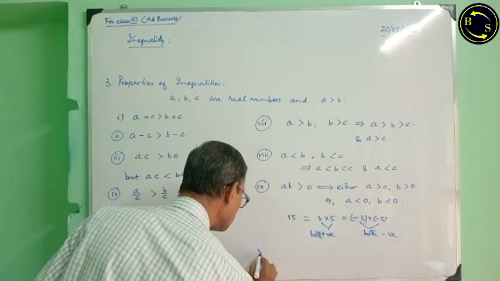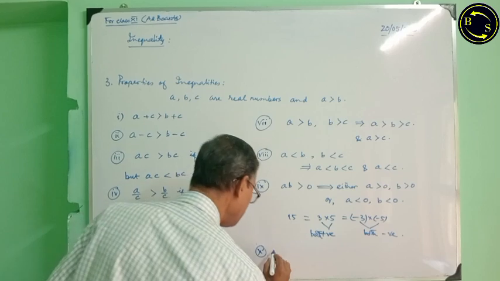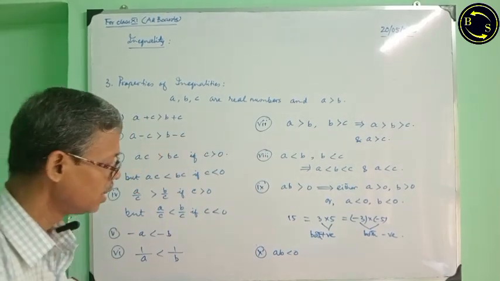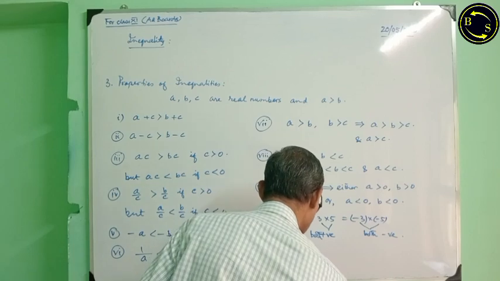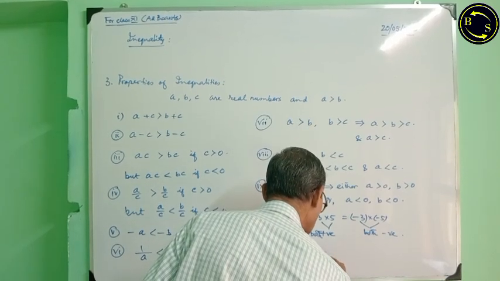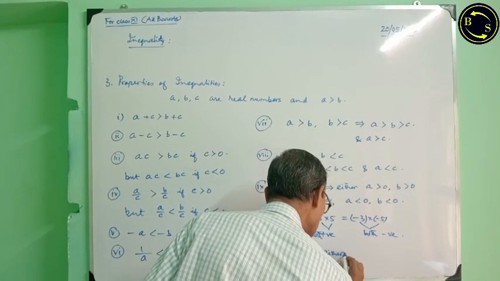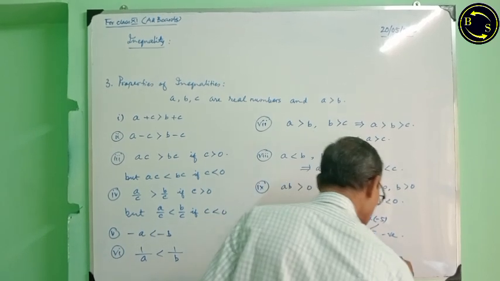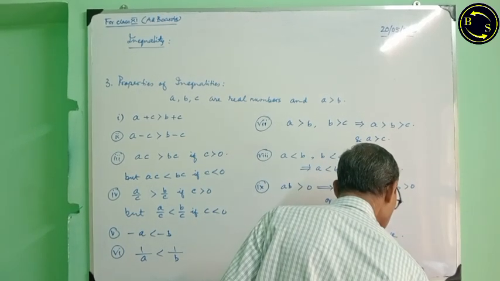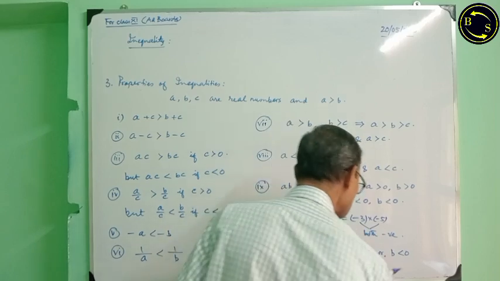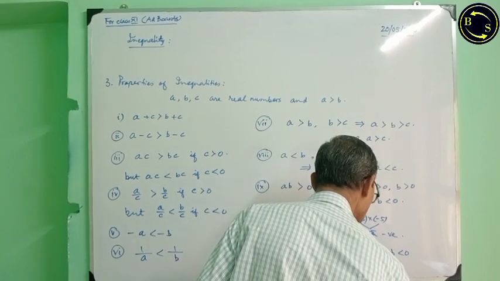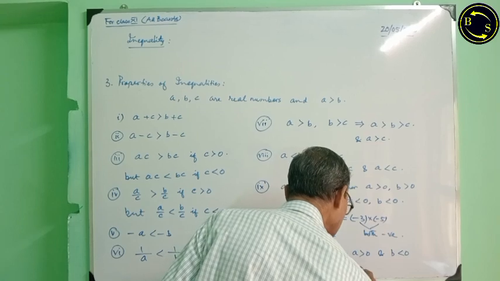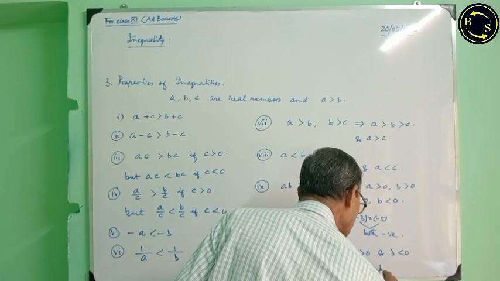And if the product of two numbers is negative, then either A positive and B negative, or A negative and B positive.